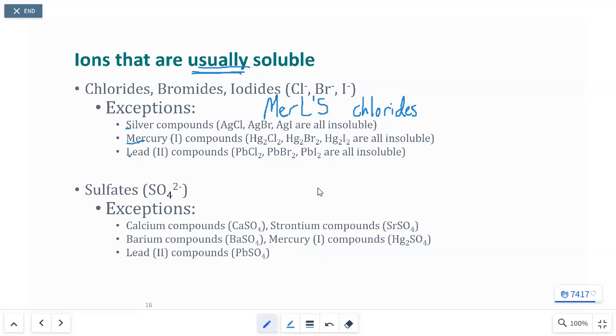So if I have a chloride, a bromide, or an iodide, it will dissolve in water unless it's one of Merle's. If it's one of Merle's chlorides, it's going to stay undissolved.